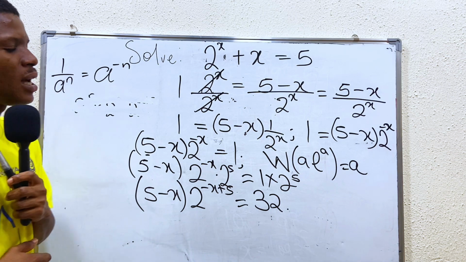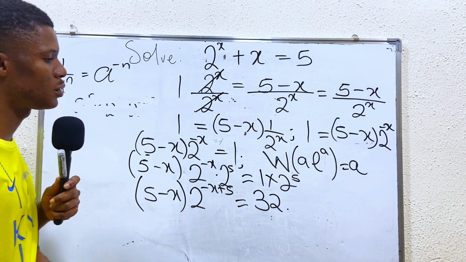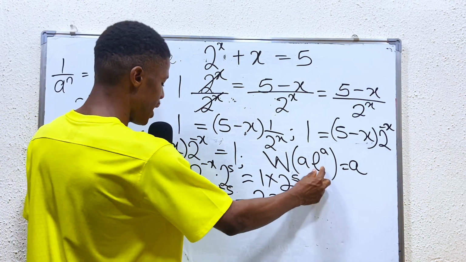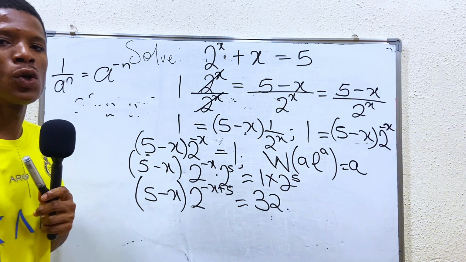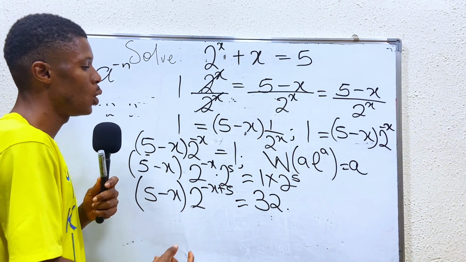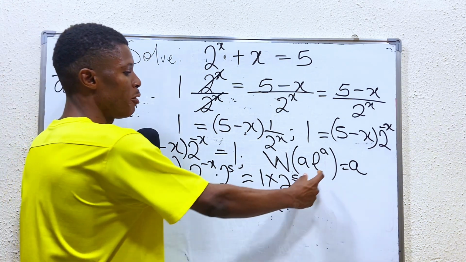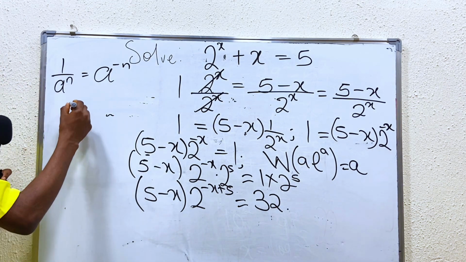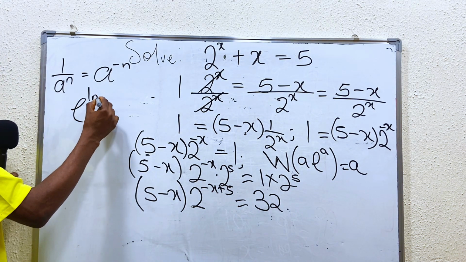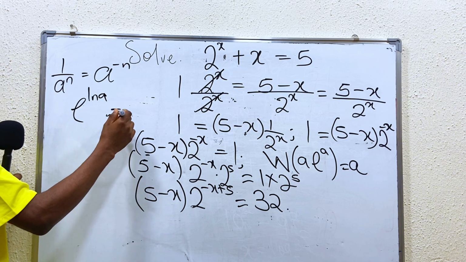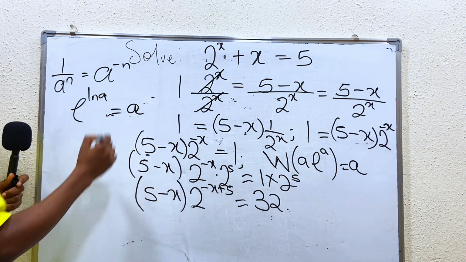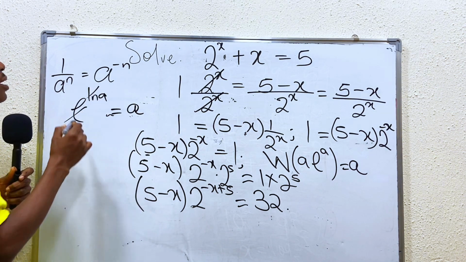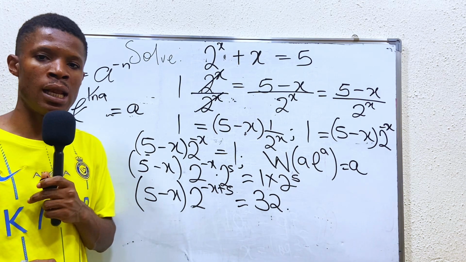But if you look at the formula for the Lambert W function, we have our a, this is exponent, but I have 2. So what will I do to this 2 to be in form of exponents? You remember another rule, that when you have exponential ln a, that is the same thing as a. Because the exponent will now cancel the ln.